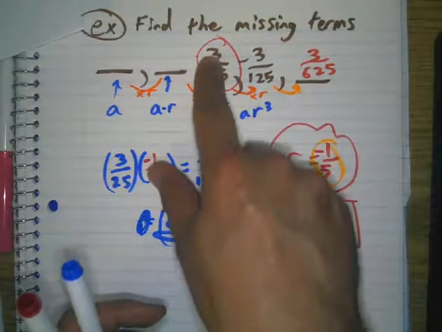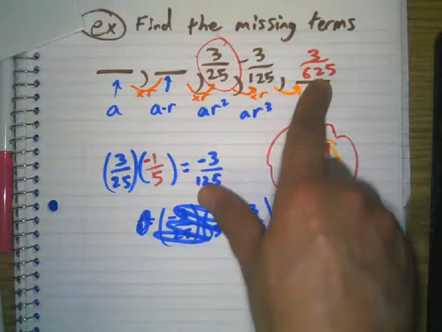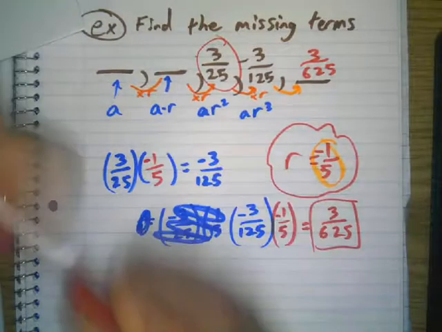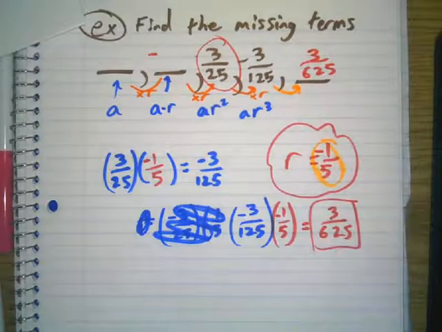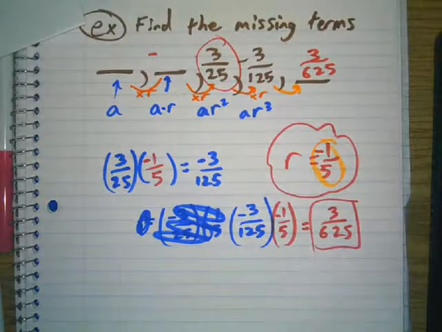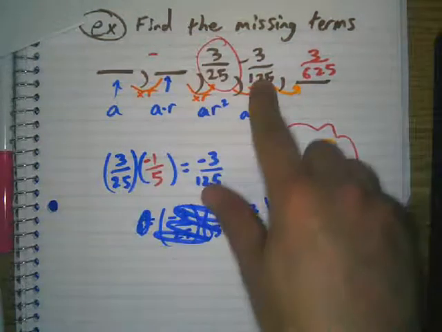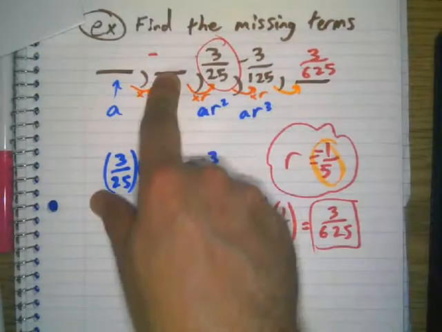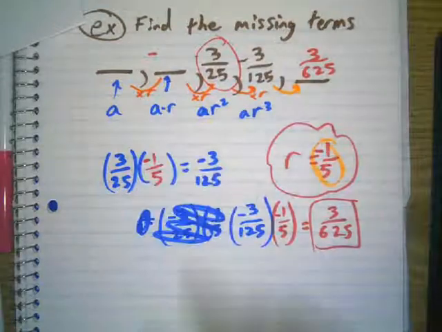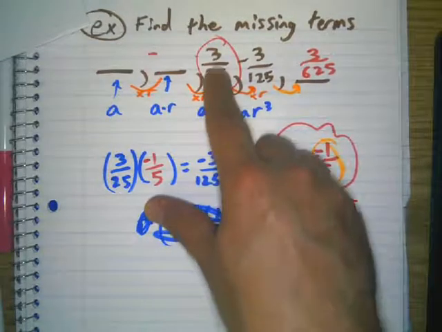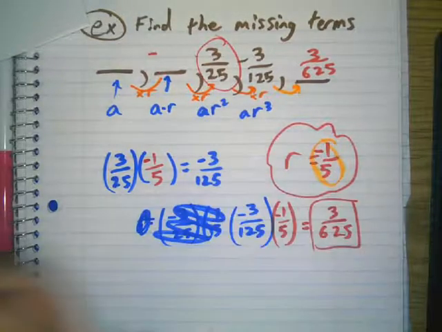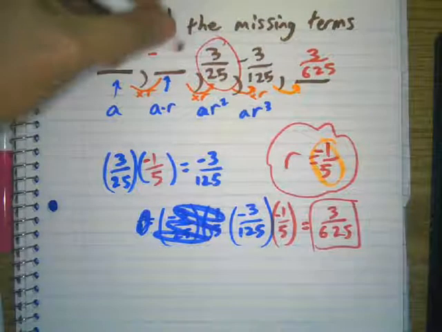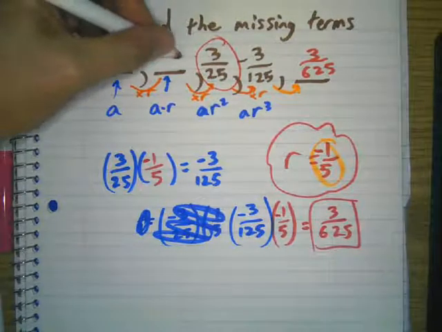So this is positive, that's negative, this is positive. So this one here is going to be negative. The first one's going to be positive. So instead of multiplying by 1/5 to get the next one, to go this direction, I have to divide by negative 1/5. So 3 over 25 divided by 1/5 is going to give me 3 over 5.